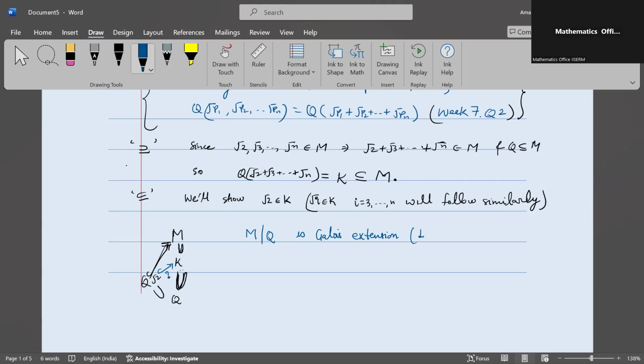It might not have been done in the class that Galois extensions are separable, maybe done in the next week, but yes, it is a separable extension because the characteristic of all the fields involved is zero.